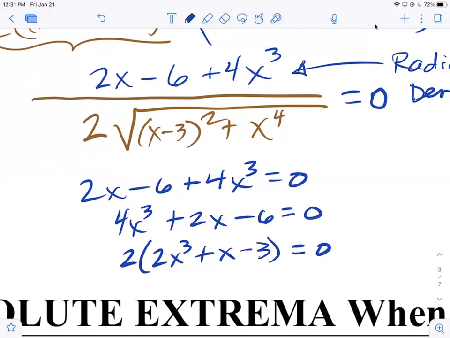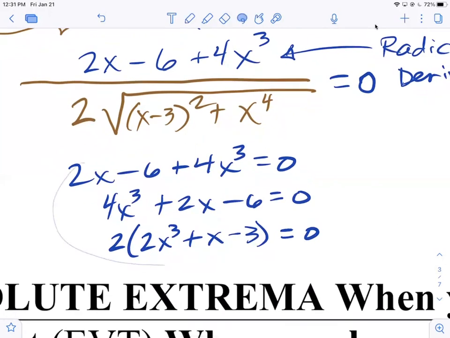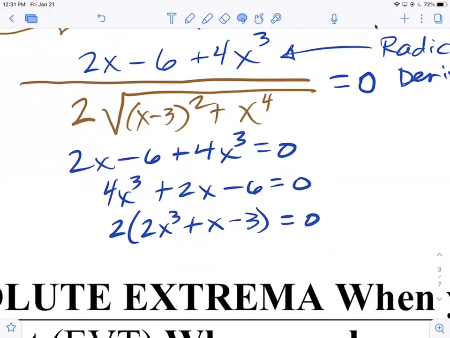So here's the deal, and this is the truth. This could appear on a non-calculator portion of the exam. And if you can't solve it algebraically and it's a no calculator portion of the exam, guess what method you might have to resort to? Guess and check. That's still a viable method. It's one of the more primitive methods, but it still works.